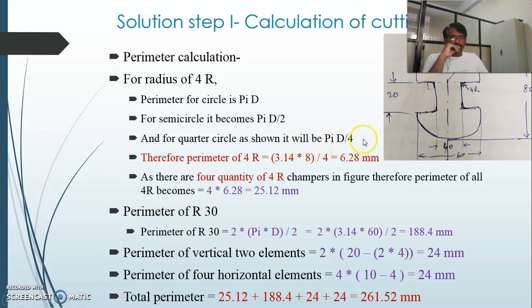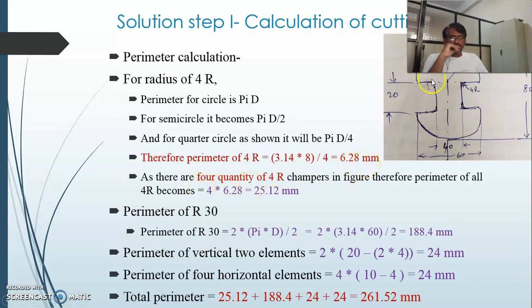So the perimeter of one of the 4R elements, out of all 4 elements, becomes 3.14, that is pi, into 8, that is the diameter. R is the radius, so 8 will be its diameter. So pi d by 4 becomes the perimeter of one element, and the value becomes 6.28 millimeter.